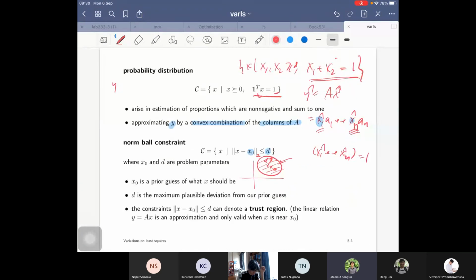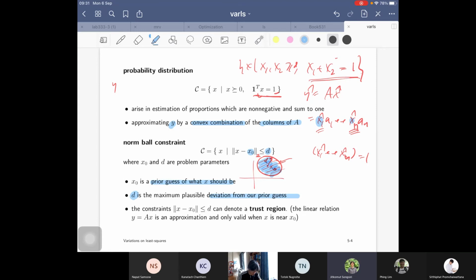So the interpretation is the following. Your x naught is the center of this region, so it could also mean a prior guess of what x should be. But you allow x to lie within this area, so you allow the proximity of x, where d is the maximum possible deviation of your x from the prior guess x naught.